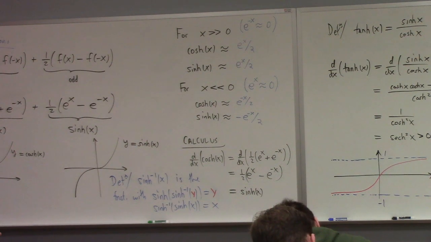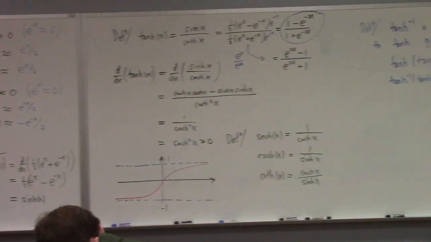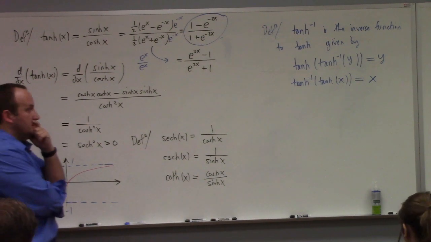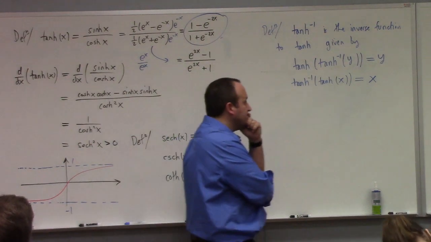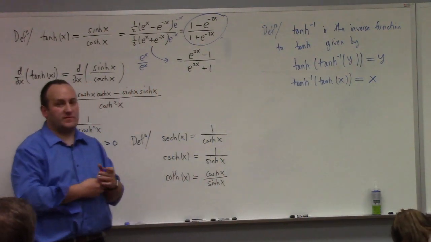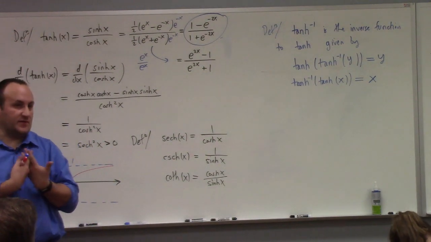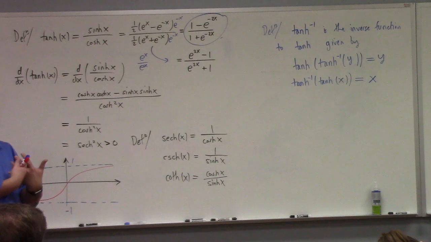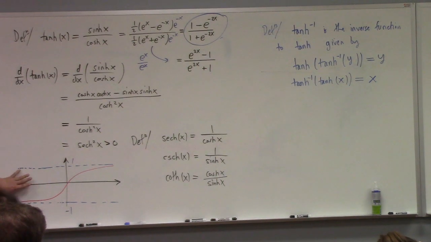But how about over there, inverse hyperbolic tangent? What should x be allowed to range over versus what should y be allowed to range over here? So conceptually, the domain of the inverse is the range of the function, right? So we just learned that the range of hyperbolic tangent is what?